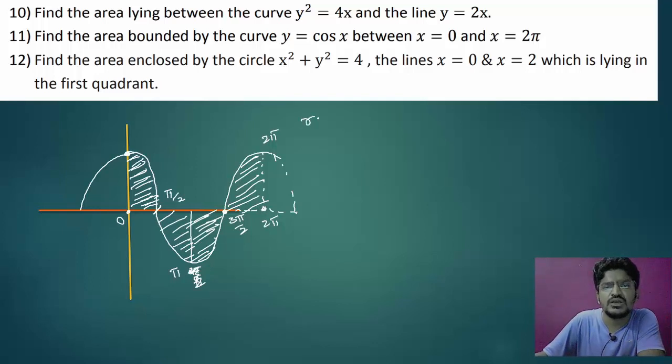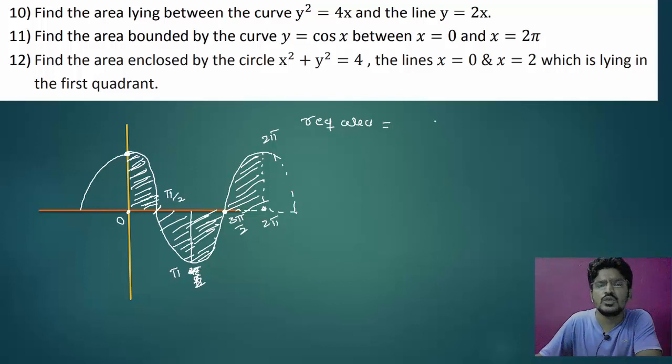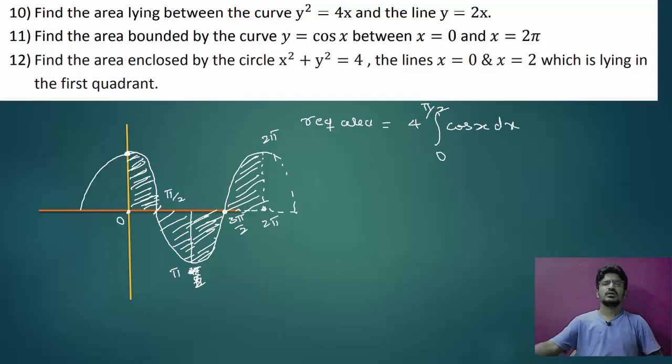That means required area is going to be equal to 4 times the integral from 0 to pi by 2 of cos x with respect to dx. Clear? So please be careful, my dear students.